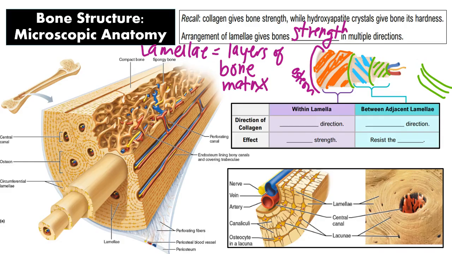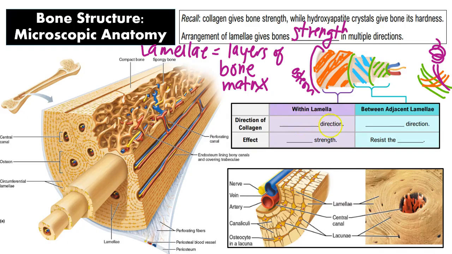Another layer within that is going to be swooping collagen fibers the opposite direction. And then we have yet a third layer that's going to be swooping collagen fibers in the other direction. It's all going to be in a spiral. And guess what that's going to do? It's going to give strength in multiple directions. So we got to keep that in mind.